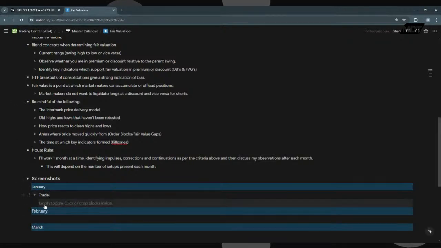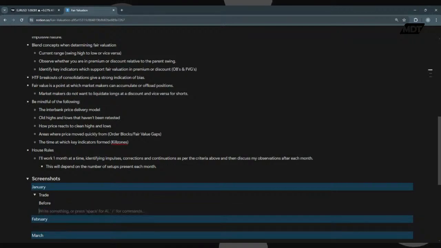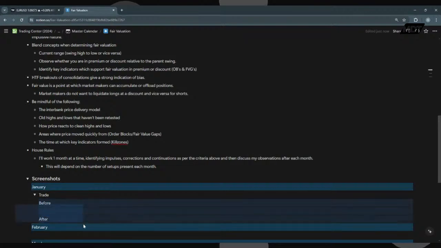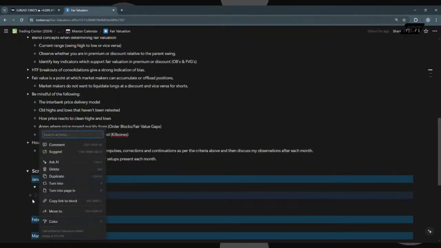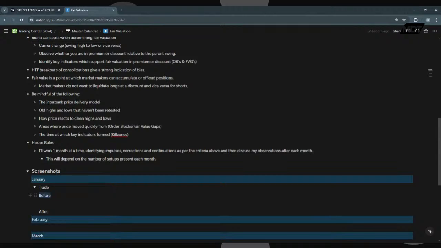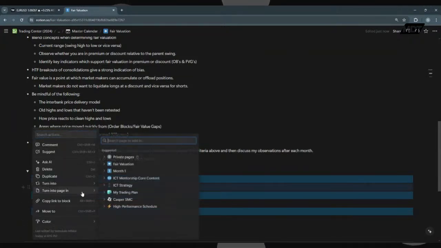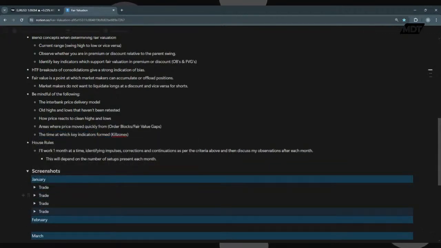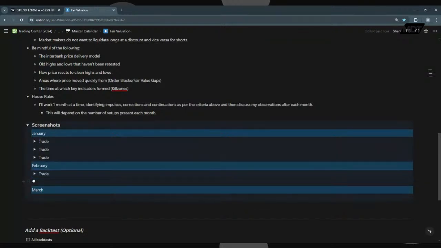Then I'll either have 1 or 2, and then we have before on the 4-hour, and then we'll have after. And let's just hold an italic that. And we can have just multiple there, and just keep one for each month.